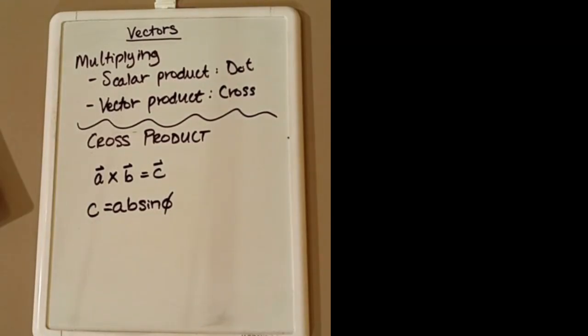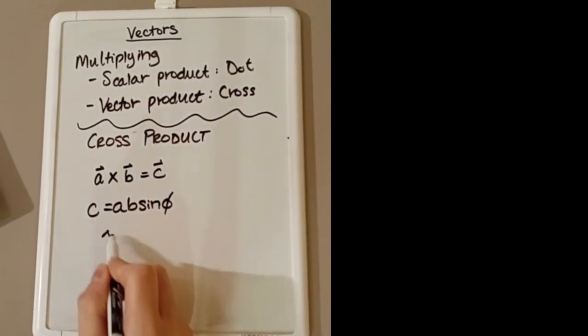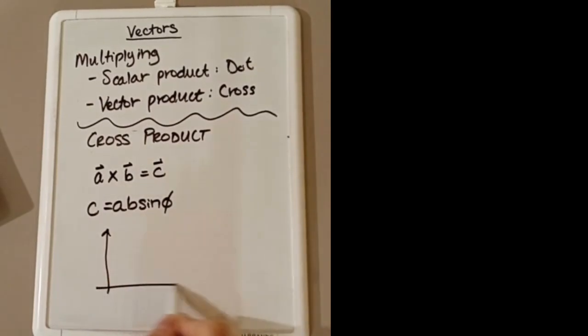Now what we have to do is try to get the direction of C. And this is where your unit vectors will come in handy. And this is where we have our cross product, which is fun. So I'm going to have my normal coordinate system where y is pointing up, x is pointing to the right.